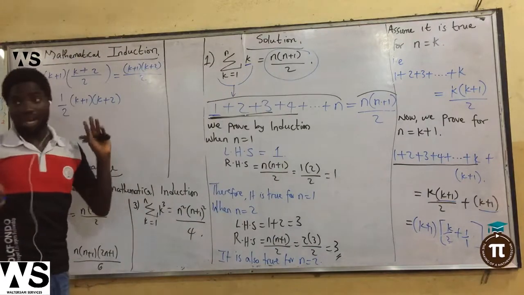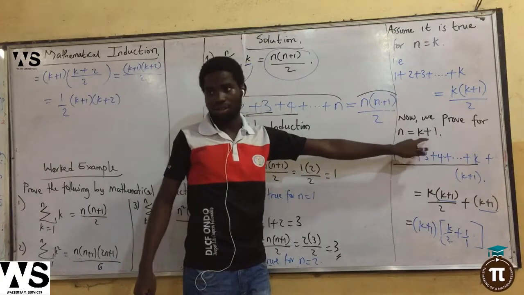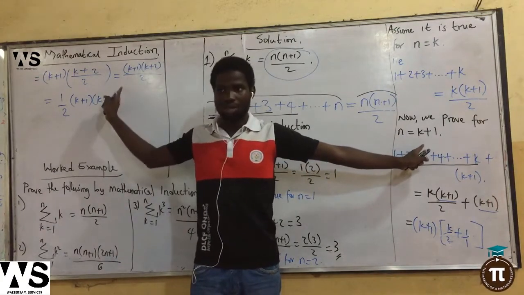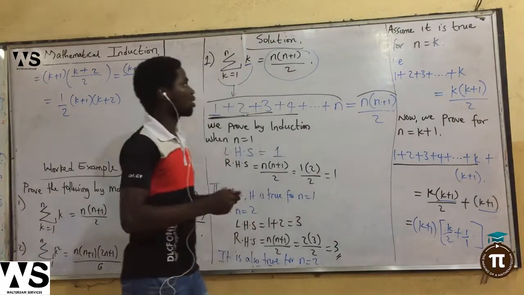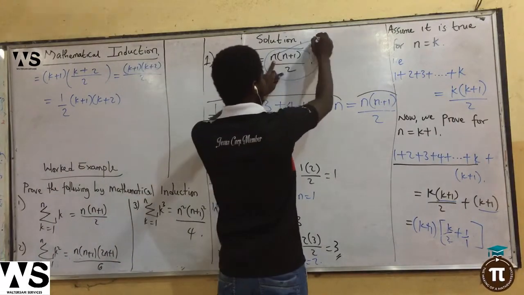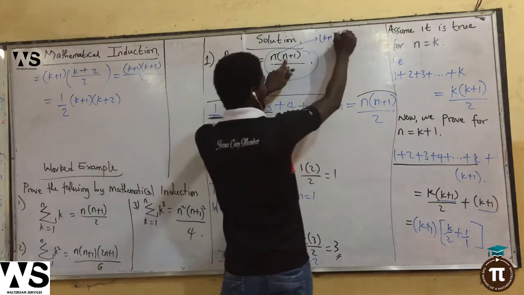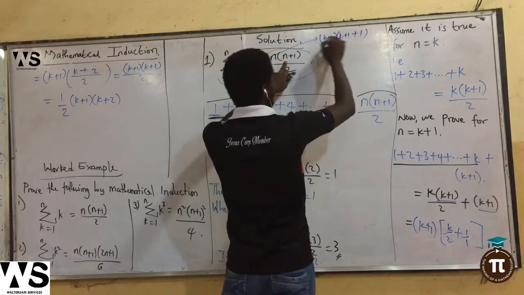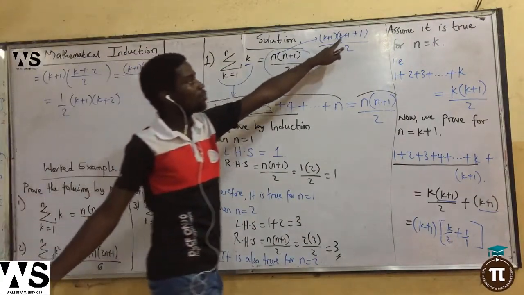You see, that's the question, right? Replace n with k plus 1. If you get this, you are correct. If you don't get this, rubbish with it. So put n, this n, k plus 1, this another n, k plus 1 plus 1, divide 2.